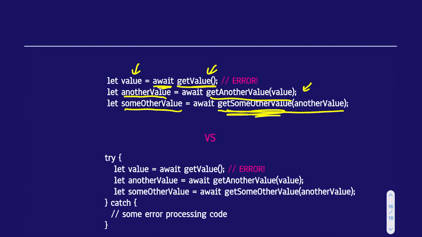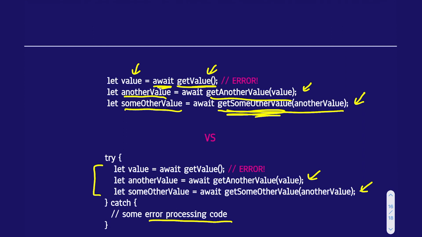So when we're using async await, we really want to have that try catch, because if at any point within the curly braces of the try there's an error, we can run this error processing code. So we're not propagating this error and creating this really big dumpster fire of errors, and we're able to assume that we can get to this last line of code.